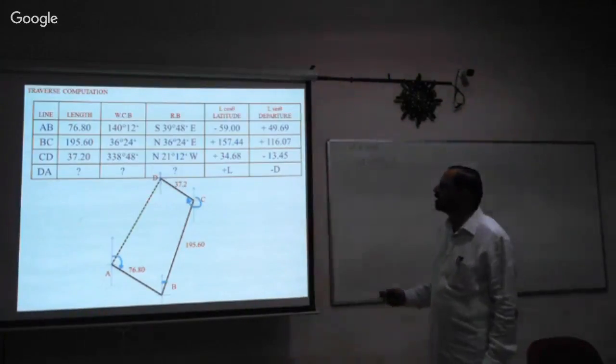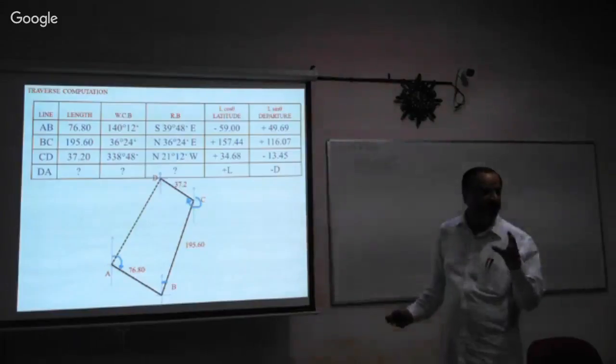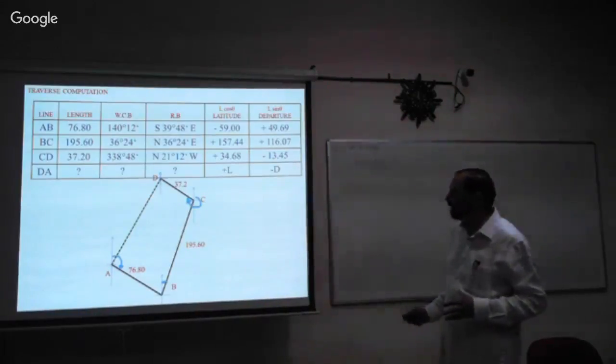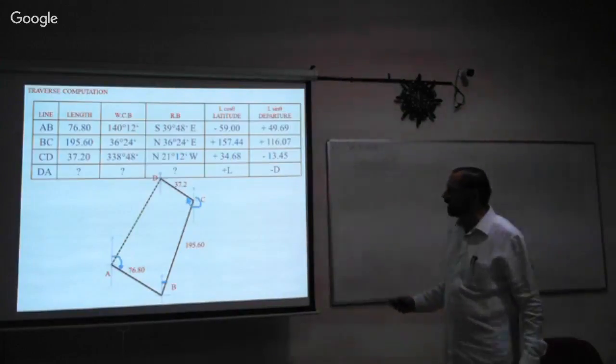Now let us convert this into quadrant circle bearing. From here to here it is 140 degrees 12 minutes.